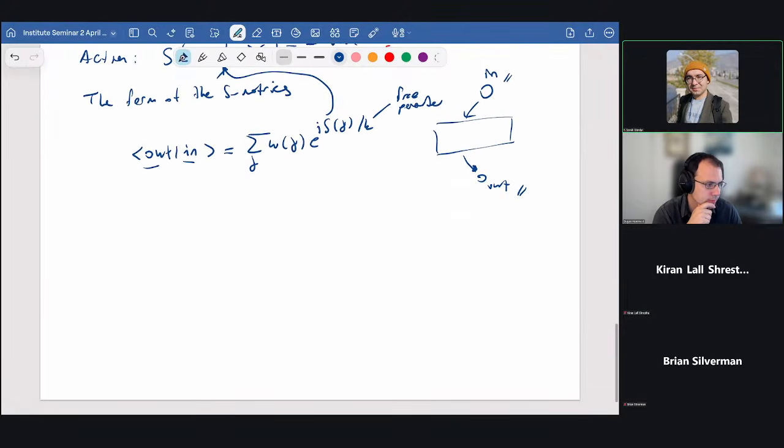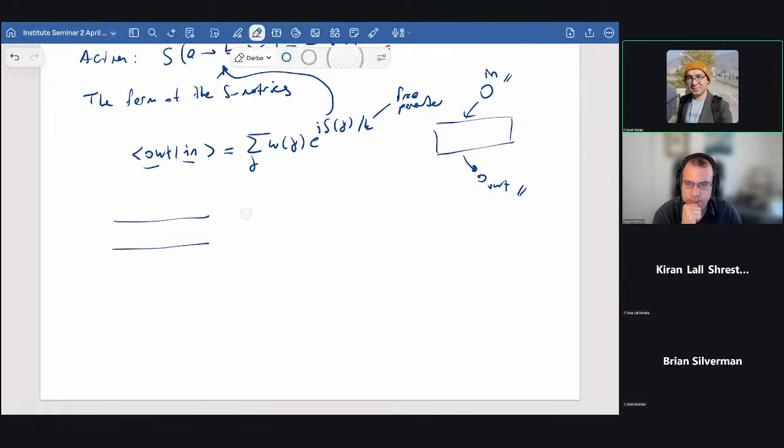Okay, this is the general form of the transition amplitude. The simplest case is the following. We have 2 layers, consecutive layers. Let's say this is layer 1 and this is layer 2. So in order to indicate gamma, we only need 2 numbers: I, which is the inward, and J, which is the outward.